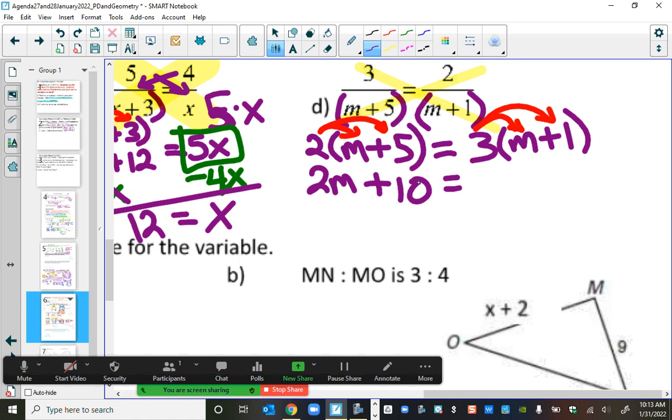Again, this is the most important step of the whole problem. Here, 3 times m, do the same thing. What's 3 times m? 3m. And then what's 3 times 1? 3. Okay, now we're down basically to 2 steps.